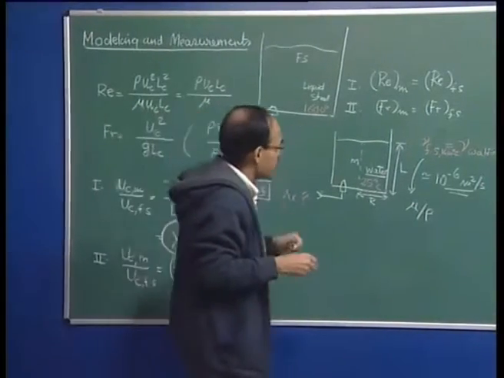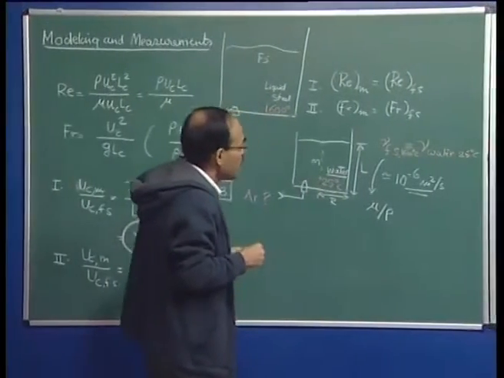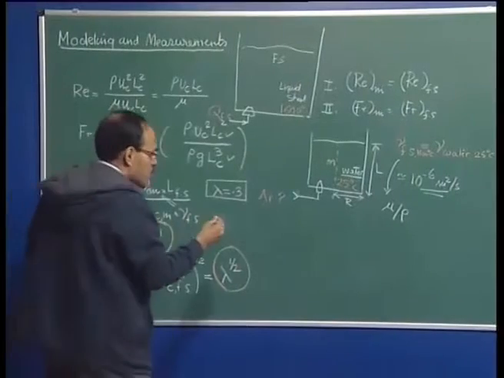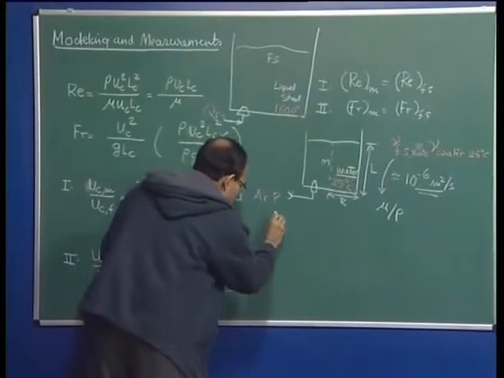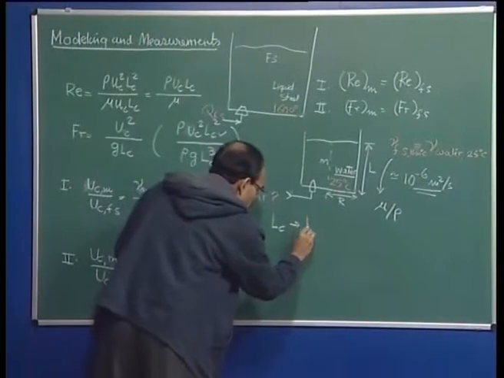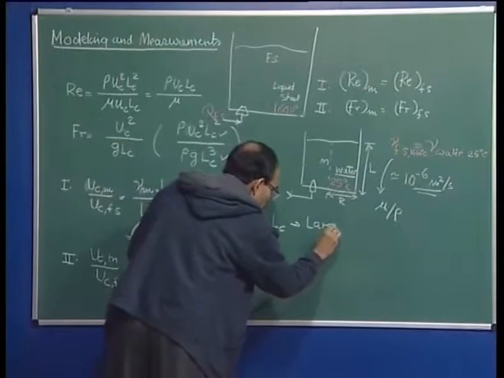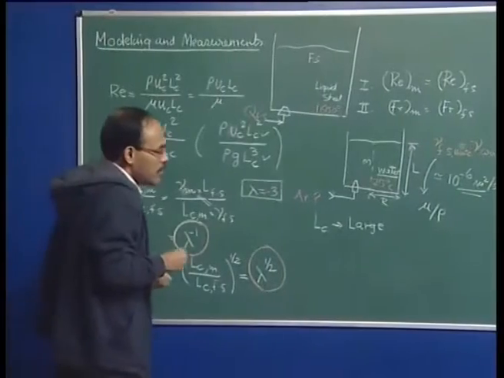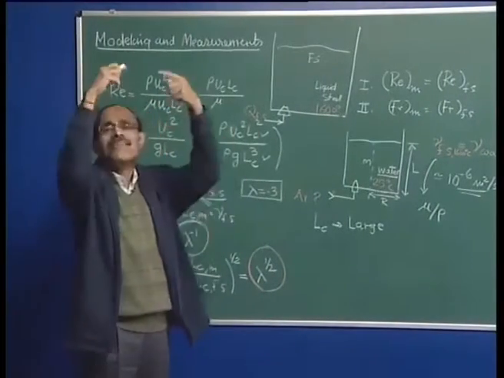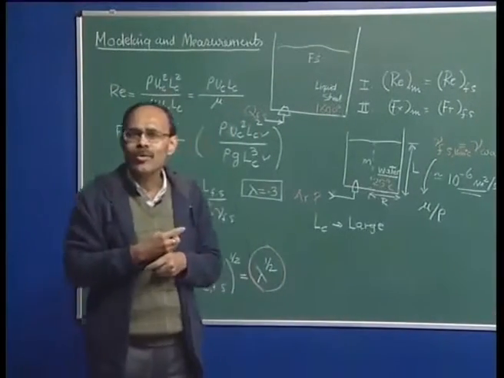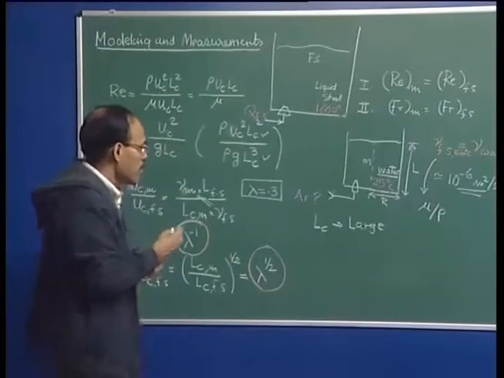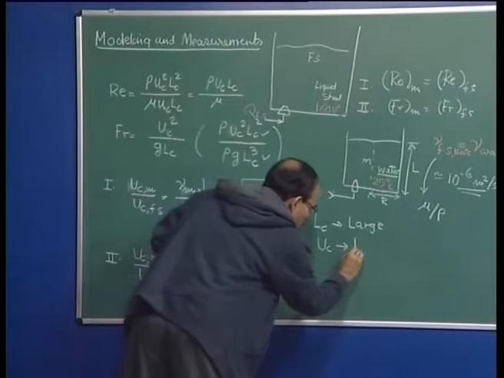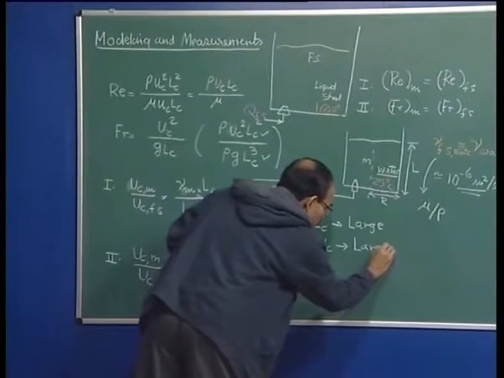In steel making systems, we note that the size of the reactor is very, very large. So, LC, the characteristic length, is large. Similarly, the level of agitation in steel making systems is also very, very large, so the velocity is also very large.